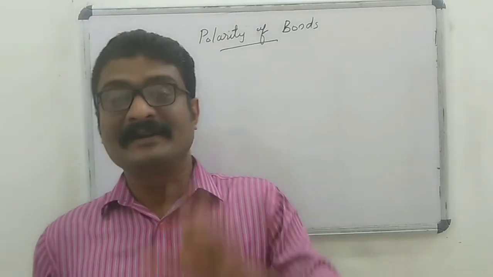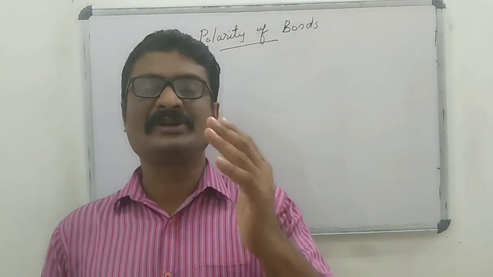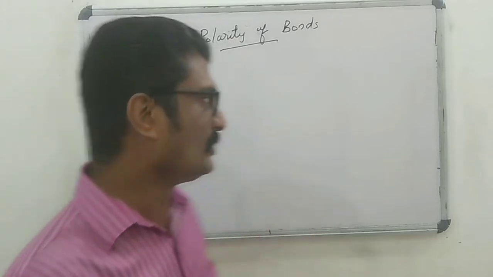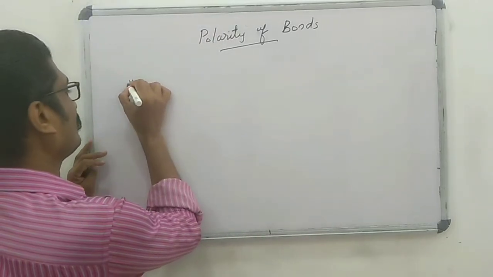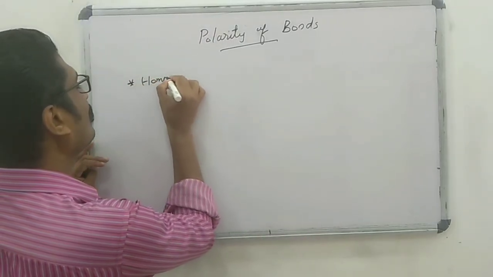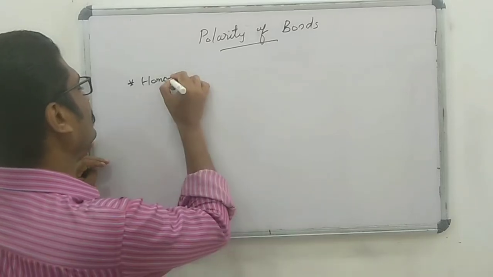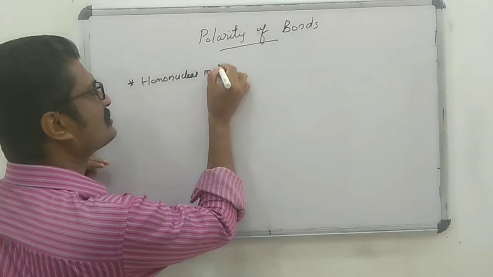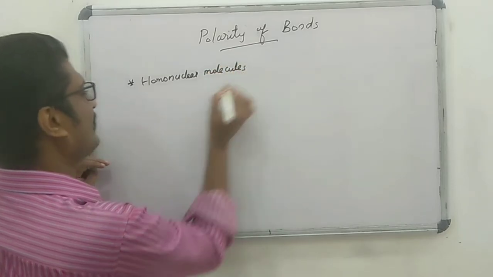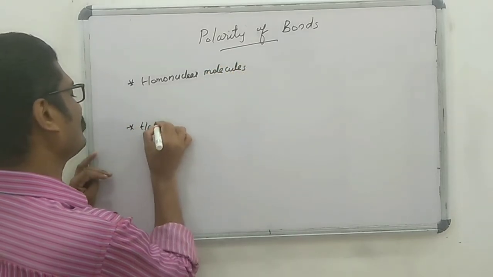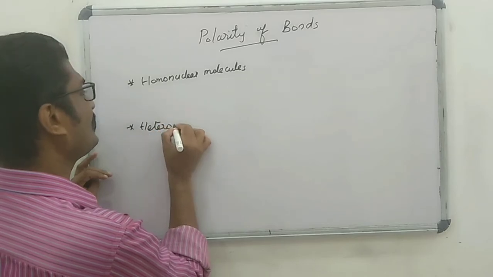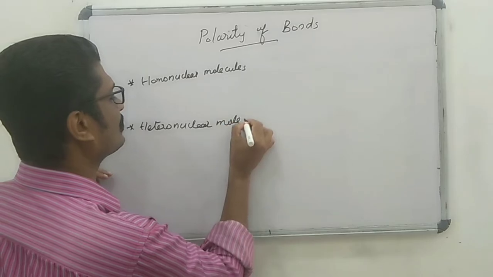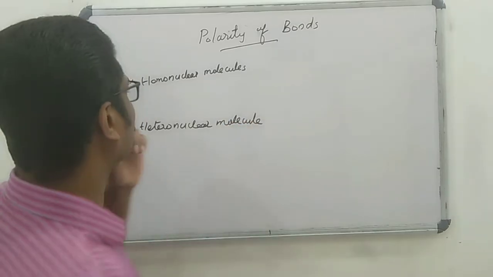There are two types of molecules, homonuclear molecules and heteronuclear molecules. What is the difference between homonuclear and heteronuclear molecules?